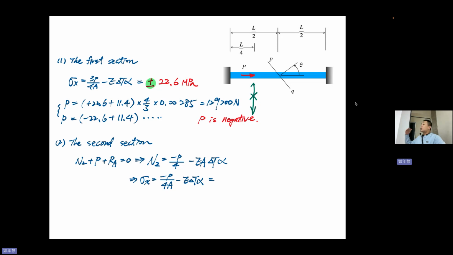Again, the second section is also the same material, right? So the material is still determined by the shear failure, not normal force failure. Okay, so again, plus or minus 22.6 MPa. Then we'll do exactly the same here.